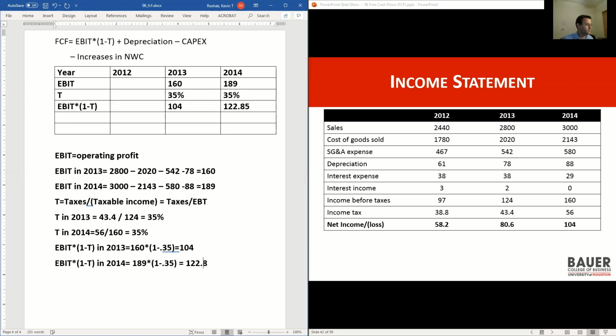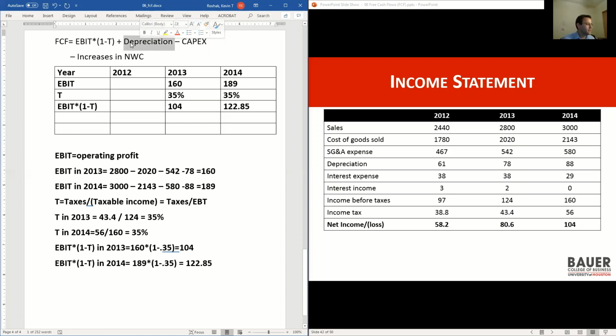Let's move on to the next piece of the free cash flow equation. So on an exam, a question like this would be a multiple part question, where the first piece would be figuring out EBIT, then the next piece would be depreciation, then CAPEX, right? So the exam would be structured like this to help you organize your thoughts, and that's exactly how you should approach these things.